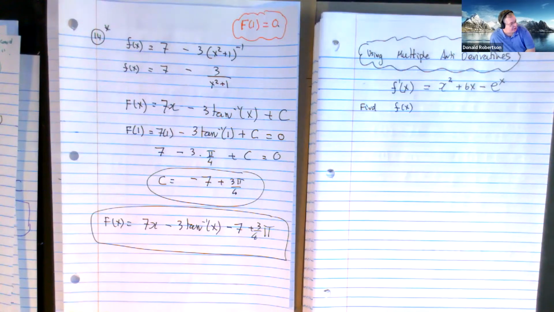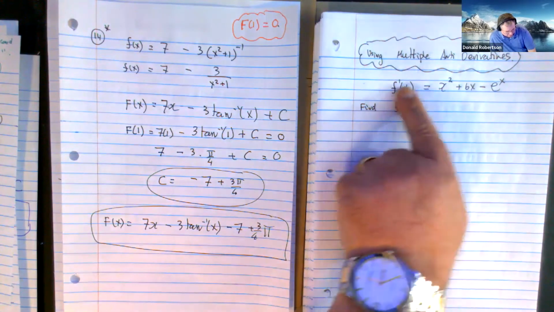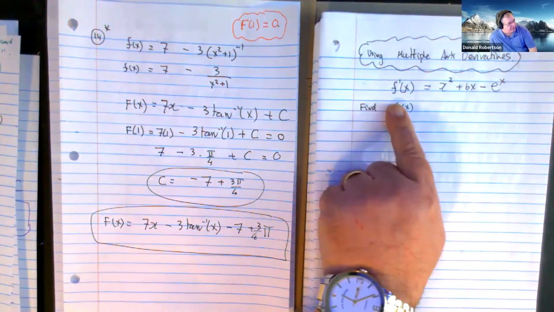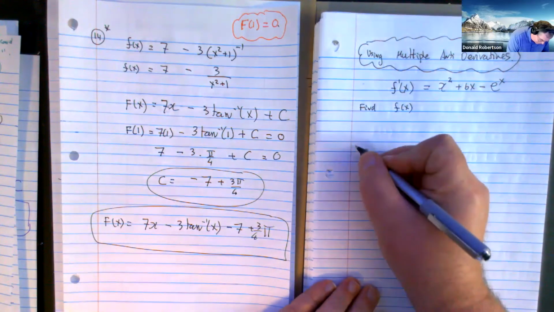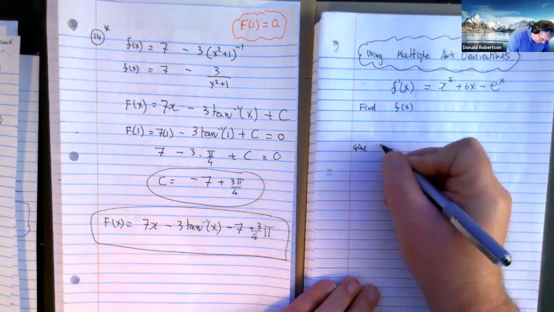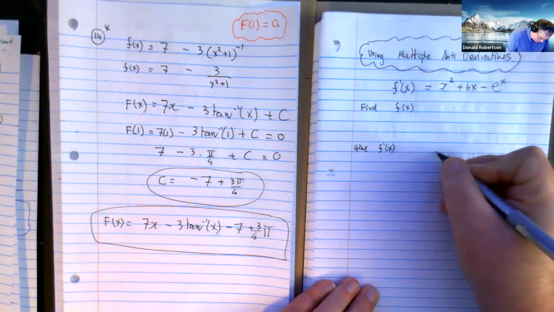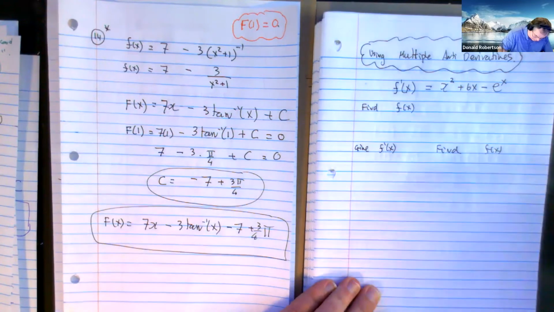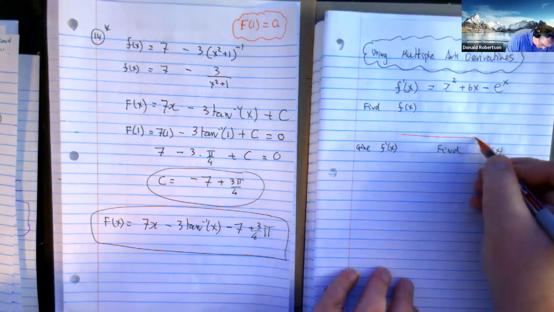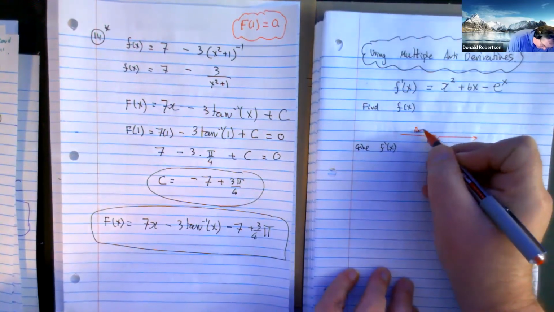Would you agree? If I tell you what the derivative is and I ask you to find the original. So do you see in this notation, they give you this guy and they ask you to find the original function. And that process going from here to here is finding an antiderivative.